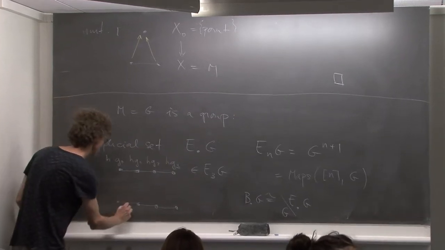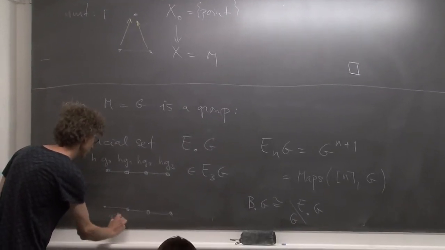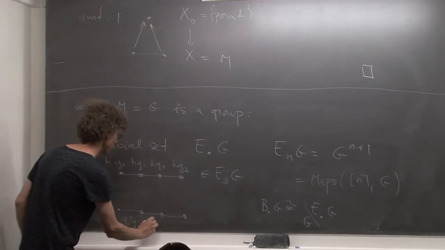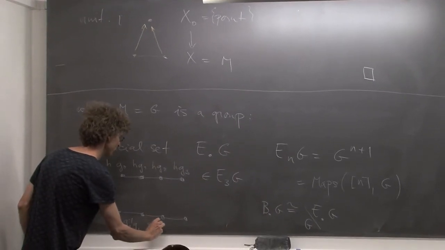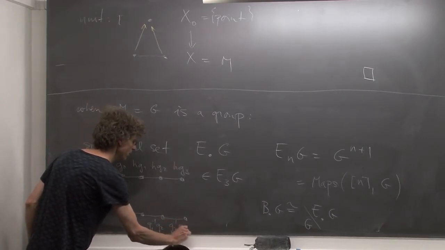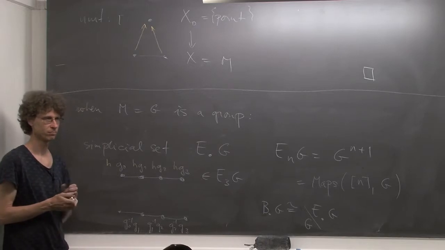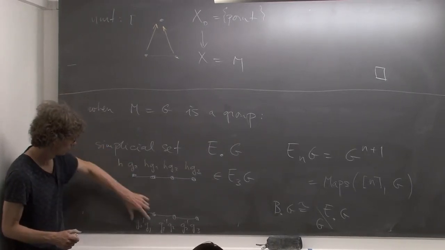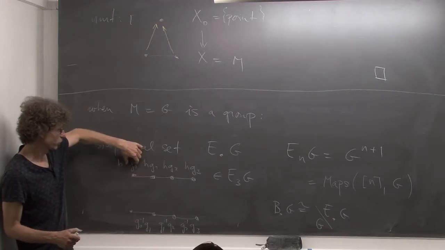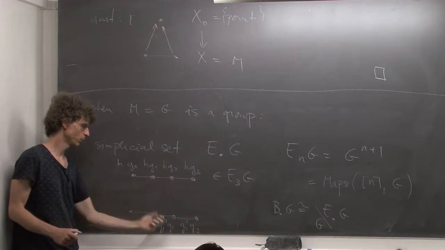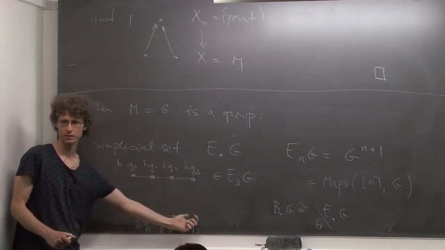So it would be G_0 inverse G_1 that I would put on this edge, and then G_1 inverse G_2, and G_2 inverse G_3. So you see, that is the thing by which we have to multiply G_0 to obtain G_1, etc. So from here to there, we have to go by multiplying with this guy, etc.